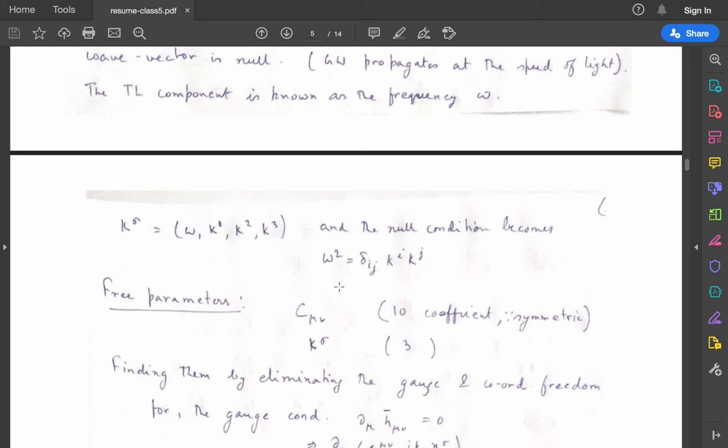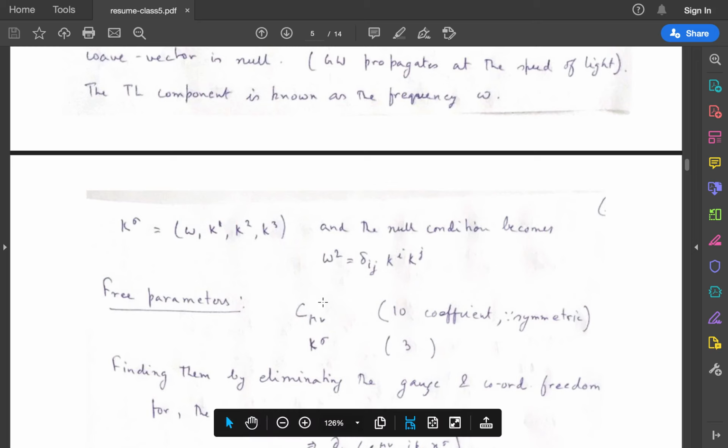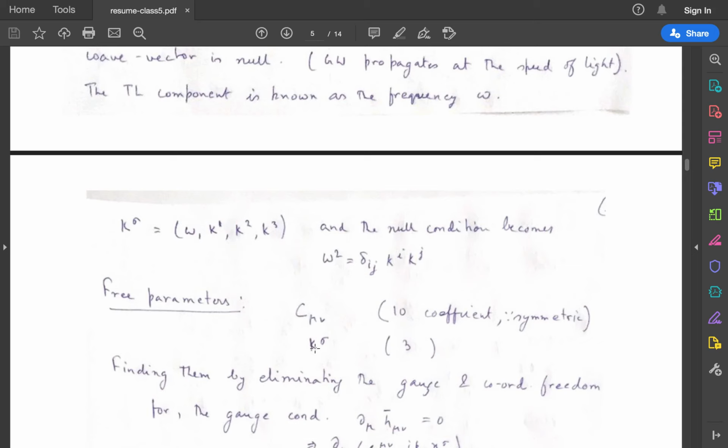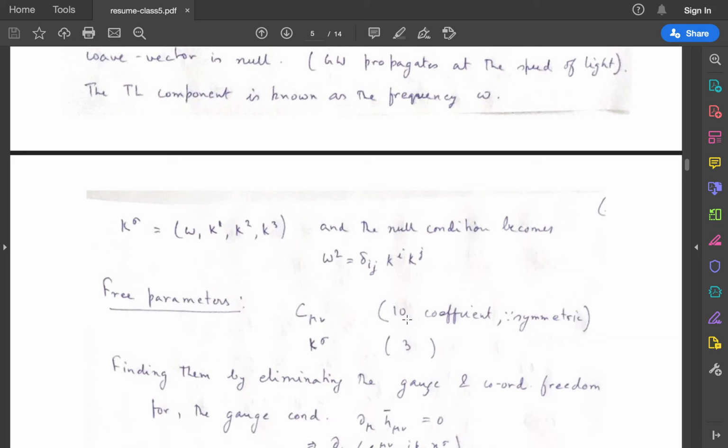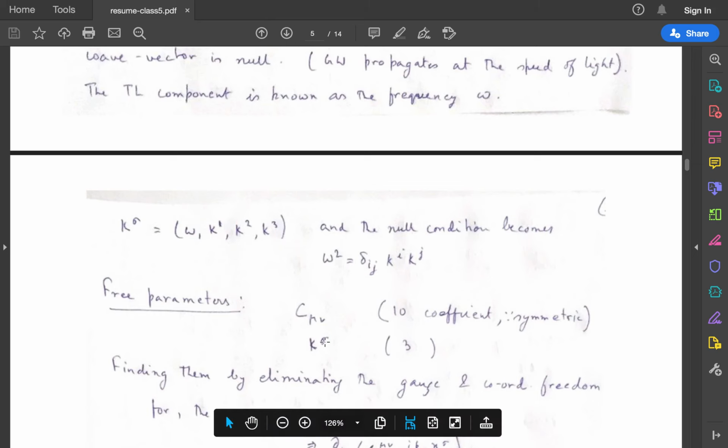So now we have to find what C_μν and k_ρ are, to find the solution of the Einstein equation, or the gravitational wave solution. How the gravitational wave looks. To find that, we have to find these coefficients. C_μν is a symmetric (0,2) tensor, so it has 10 independent coefficients, and k_ρ has 4 components.